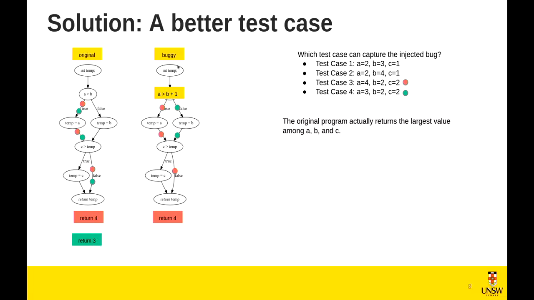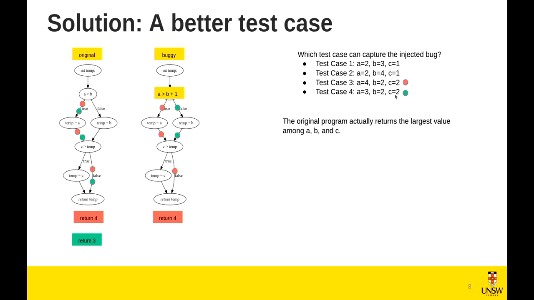However, in the buggy program, because this time we modify the condition here, 3 is not larger than 3. 3 is equal to 3. So we will take the false branch of the first if condition here. And then this time, the value of temp will be assigned with the value of b. So temp equals to 2 here.